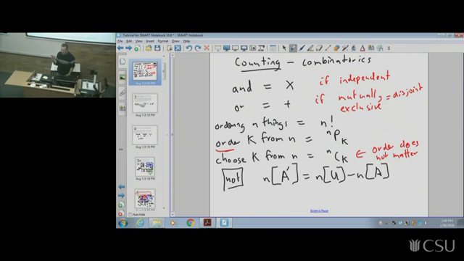If you've got 10 different ways of possibly doing something, 4 of them are for A, 6 of them would be for not A happening. It makes sense, you just do 10 minus 4, so that's all it's really trying to say.